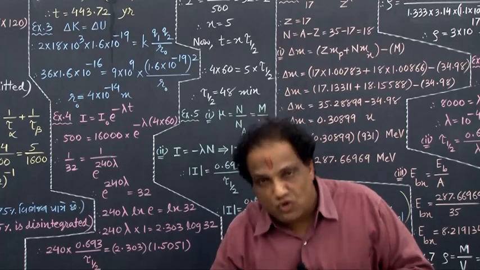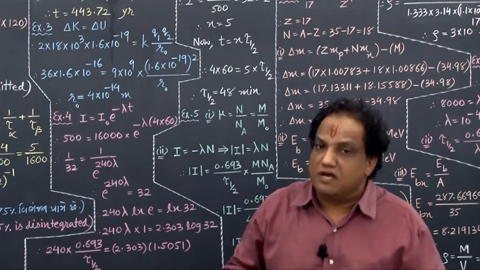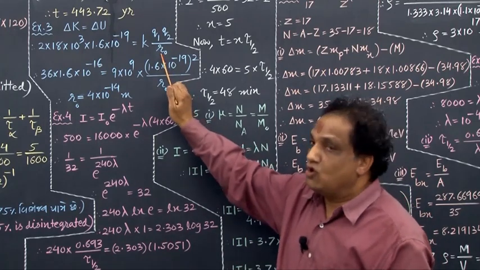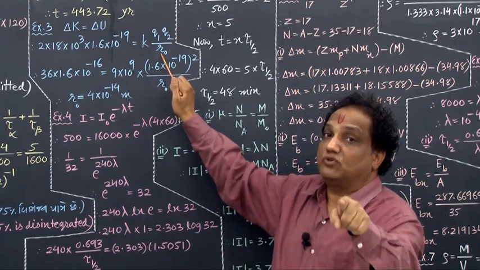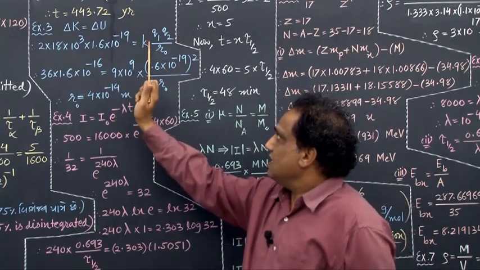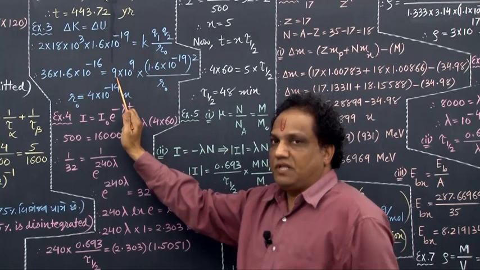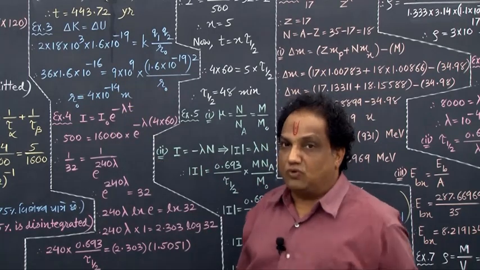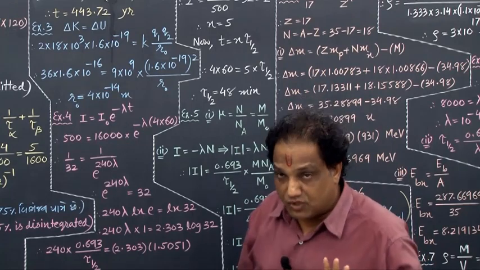energy was 0. What is final potential energy? By formula K Q1 Q2 upon R. Instead of R, I am writing R0, which is nothing but distance of closest approach we require to find out. Come on. This K value everybody knows, that is proportionality constant coming in Coulomb's law. It is 9 into 10 raised to 9 Newton meter square upon Coulomb square.